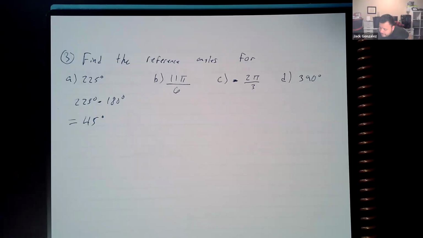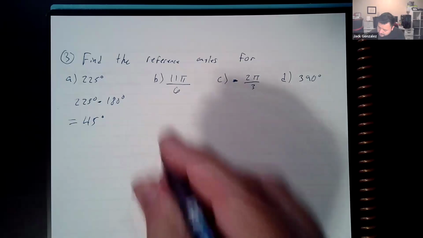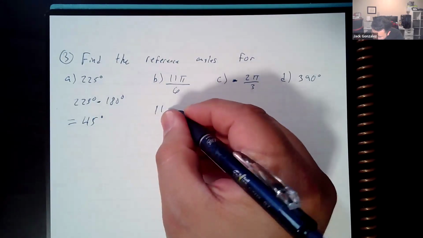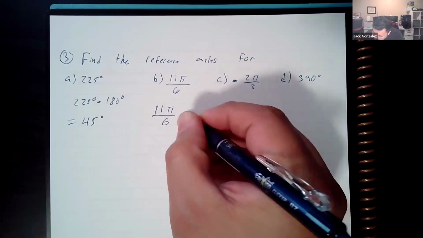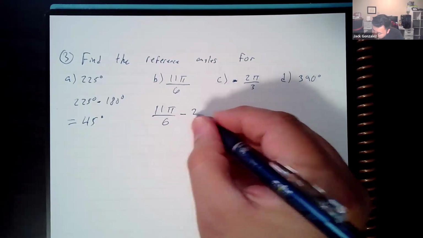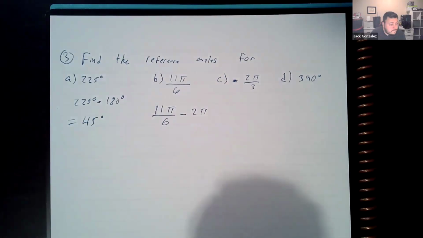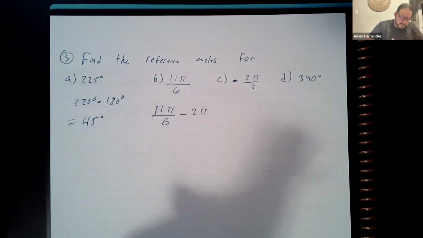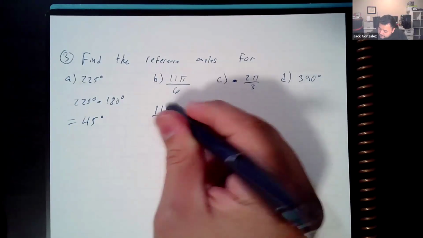Yeah. Well, if we change it to degrees, yeah, I think you're right. If we use radians, it would be 11 pi over 6 minus 2 pi. Because the rule says what? 360 or 2 pi? Oh, I got it backwards. It's 2 pi minus that.